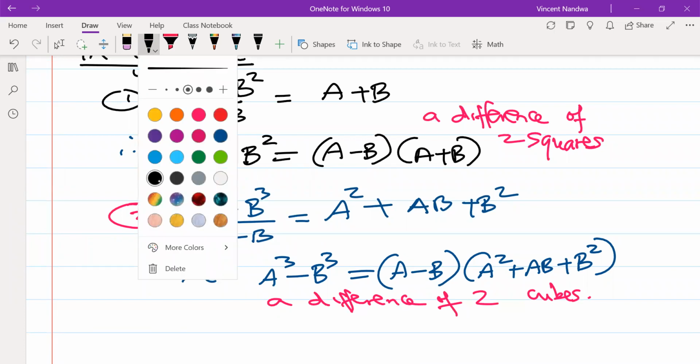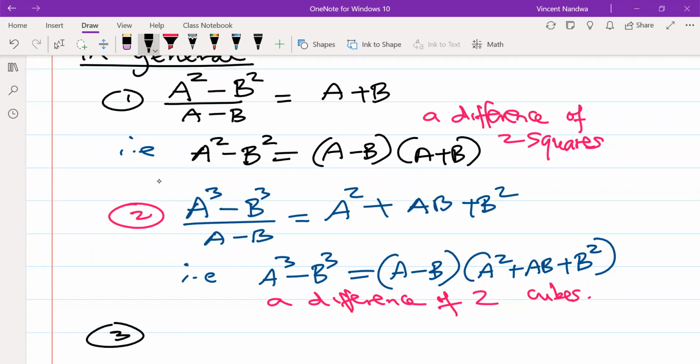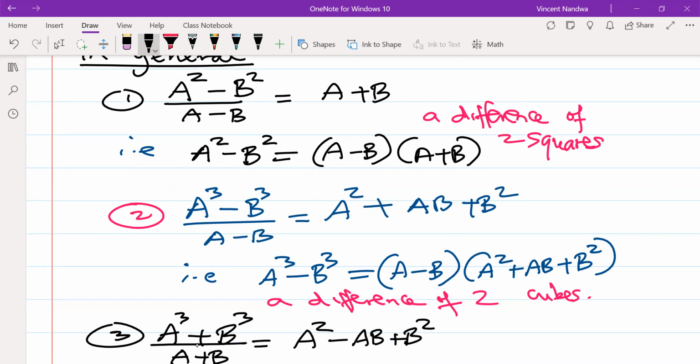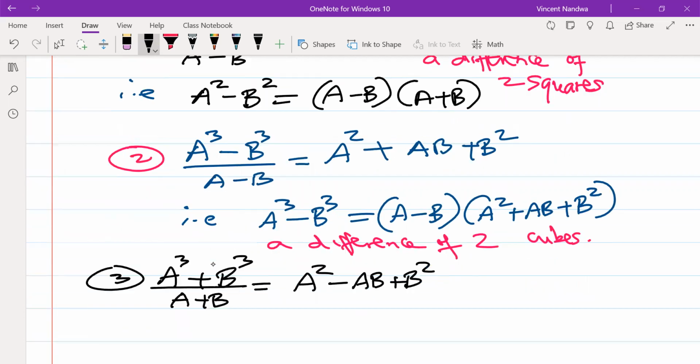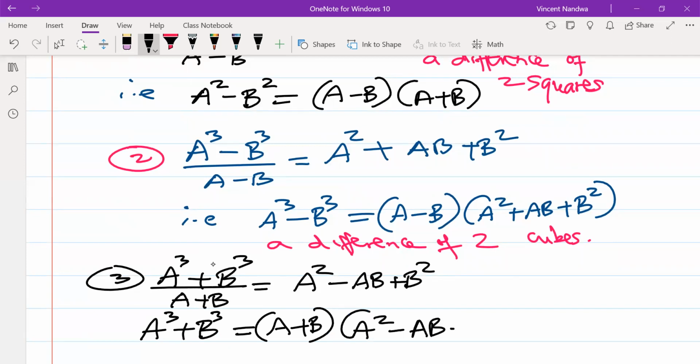Then number 3, a cubed plus b cubed over a plus b is a squared minus ab plus b squared, which means that a cubed plus b cubed is a plus b times a squared minus ab plus b squared. Some of those things can help you.